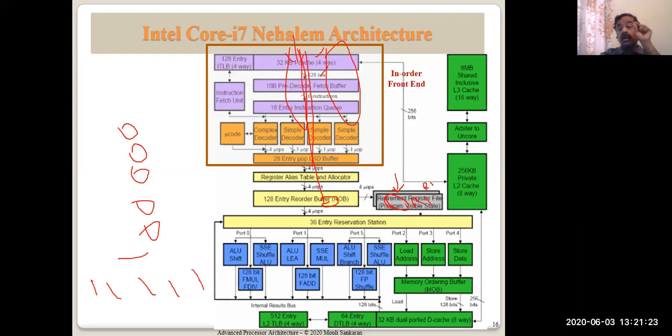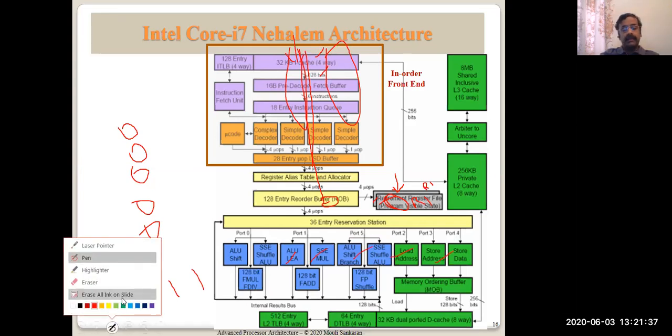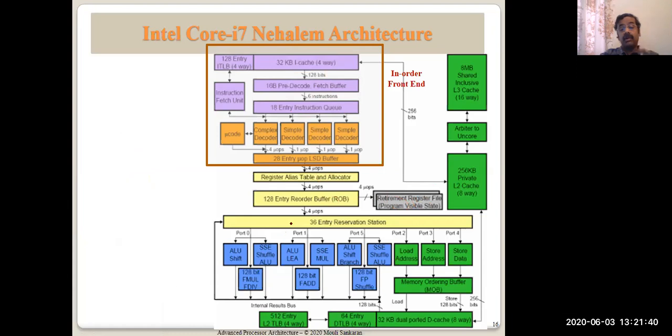It depends on which process or thread that particular instruction belongs to. Similarly, this register set is also mapped. As far as the functional units are concerned, they don't care whether that instruction belongs to thread 1 or thread X or thread Y. They execute one instruction, maybe belonging to this thread or maybe belonging to this thread.